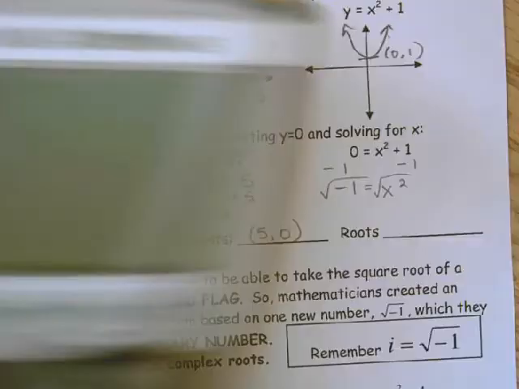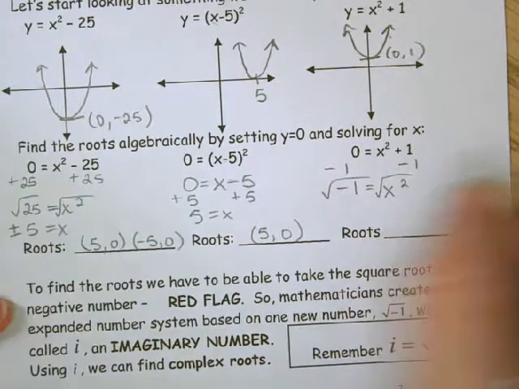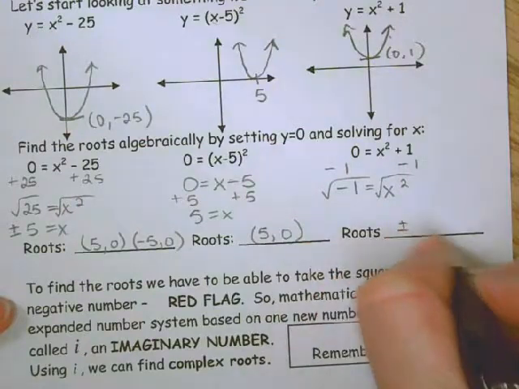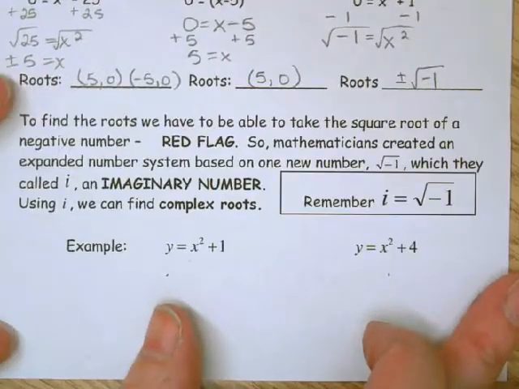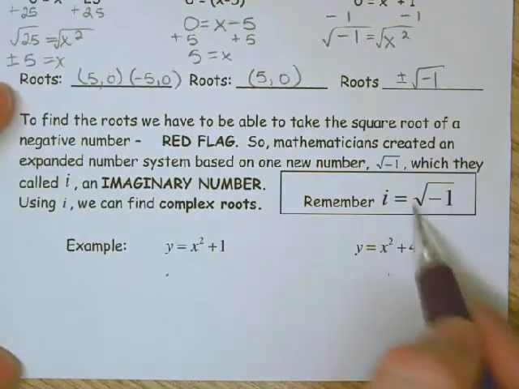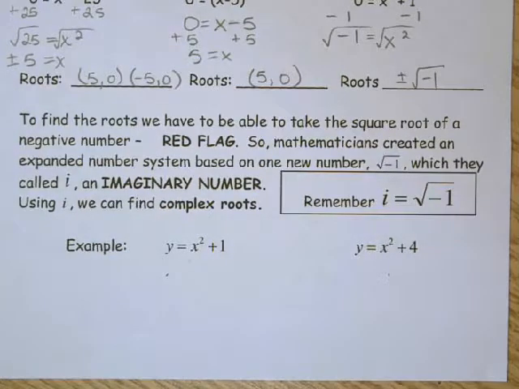So I'm going to write this as plus or minus the square root of negative 1 for our roots. That non-real answer is right here, and we are going to use that as i. That becomes our imaginary number i, and that can help us define those complex and imaginary roots, just kind of further explained in that video that I'm going to link as well.